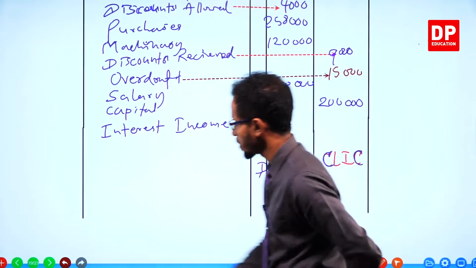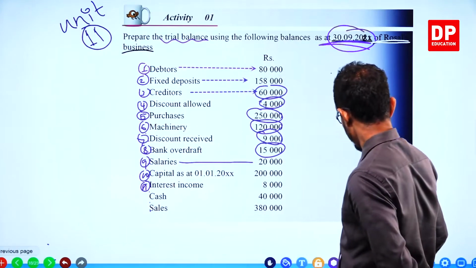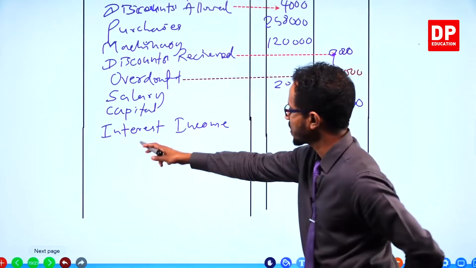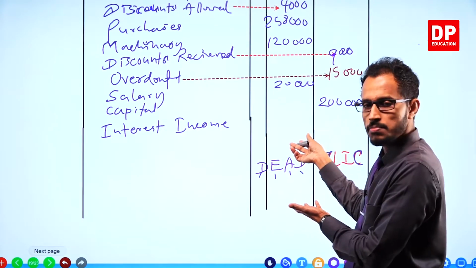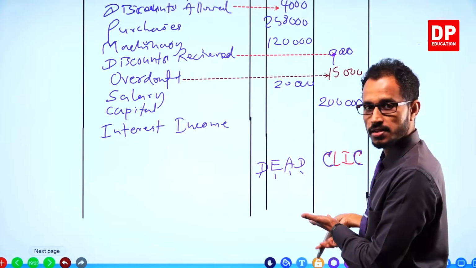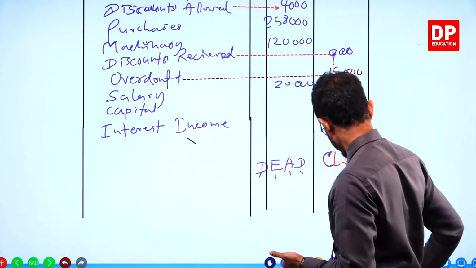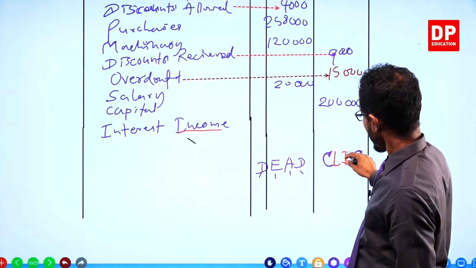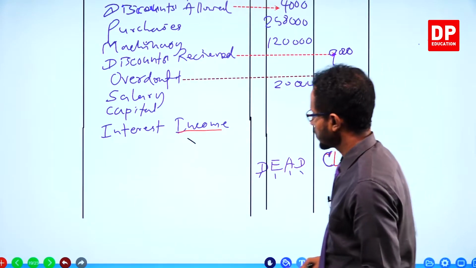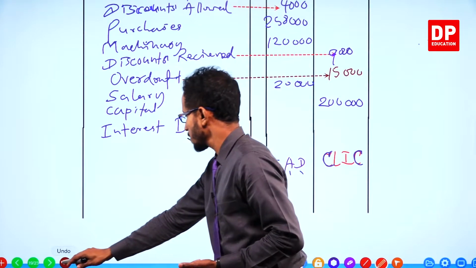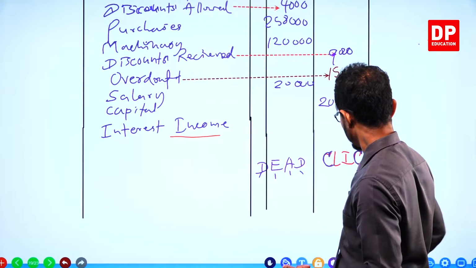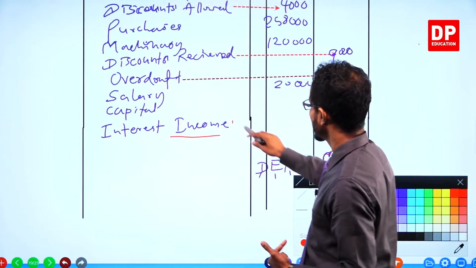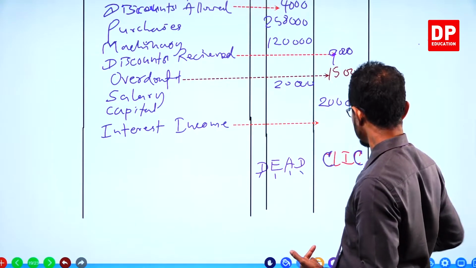We want the next item, interest income, 8,000. We wrote interest income, and which column? Is it in the debit side or is it in the credit side? It's an income, children. And incomes are in the click, that means in the credit side. 8,000.